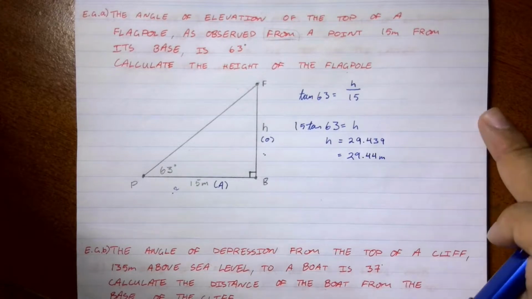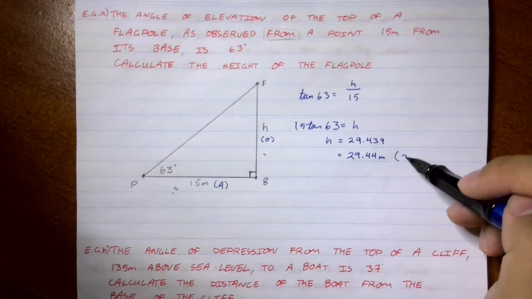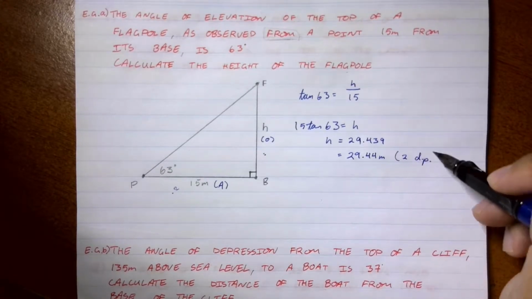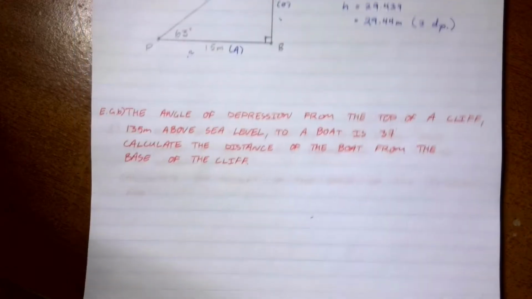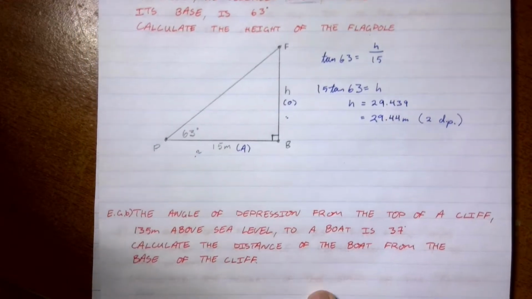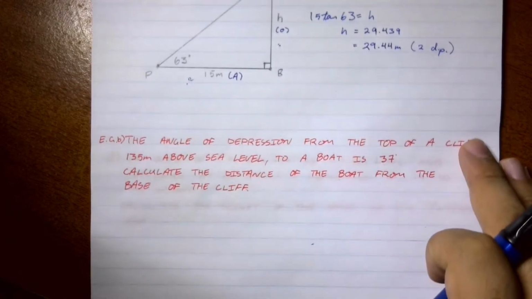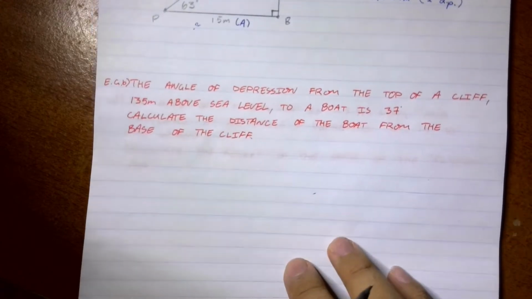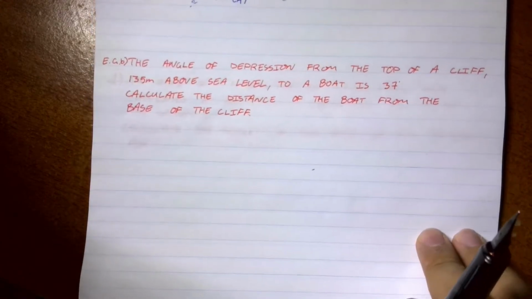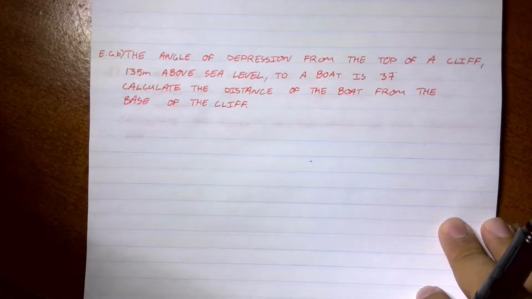It's a rather large flagpole. That is 2 decimal places. I'd like to invite you now to pause the video and give this second one a go. Okay, and I'm going to be answering it in 3, 2, 1.